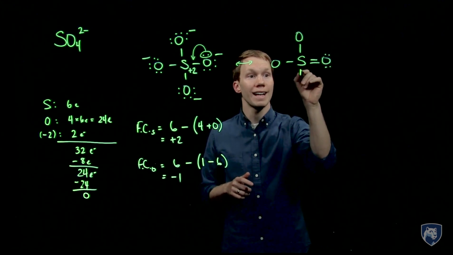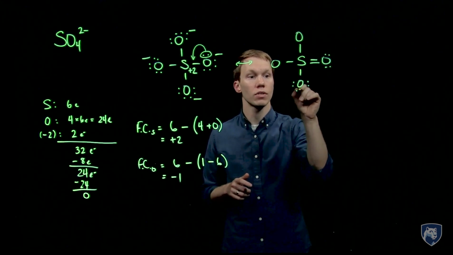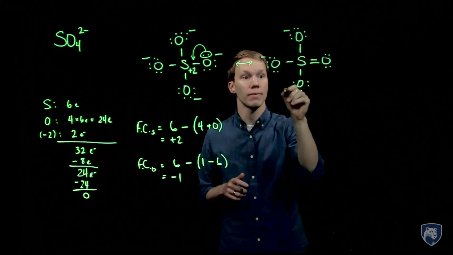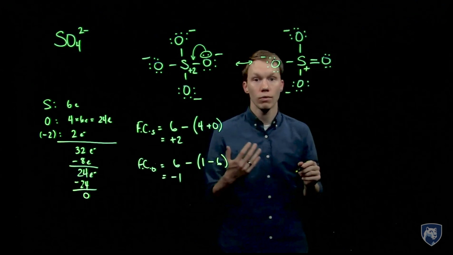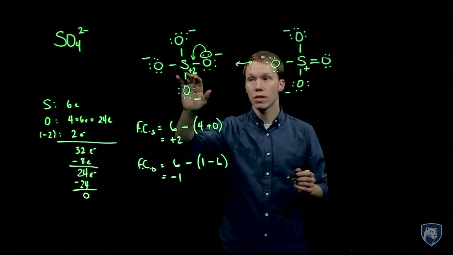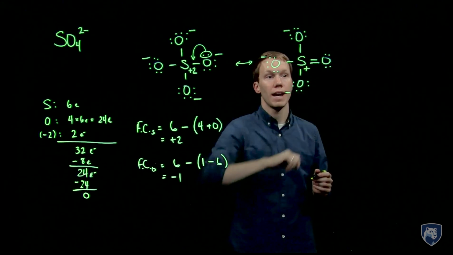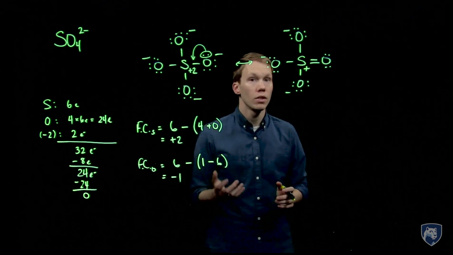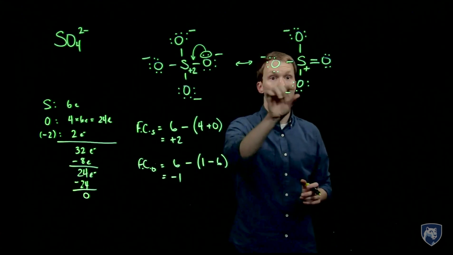And I can do this because sulfur is in period 3 or below and can exceed the octet. So by doing so, I can recalculate formal charge. I would find that I have now reduced the magnitude of the positive charge here and now no longer have a negative charge on the oxygen. So we went from 5 charge centers to 4 charge centers.